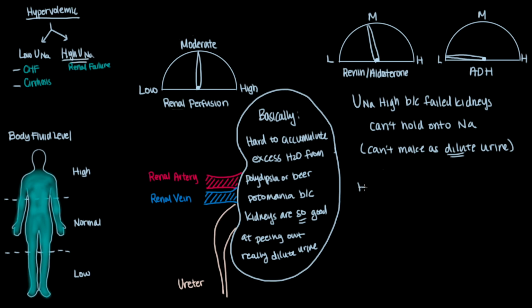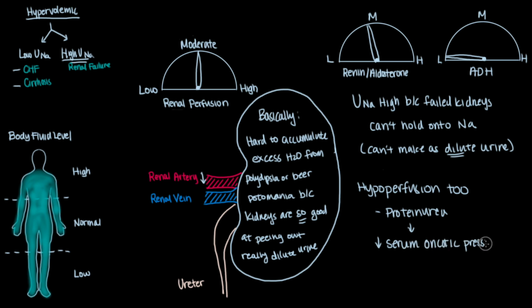There's probably some hypoperfusion physiology going on, just like the congestive heart failure and cirrhosis, because renal failure can lead to proteinuria or loss of protein in the urine, and this would understandably reduce the serum oncotic pressure, leading to third spacing.